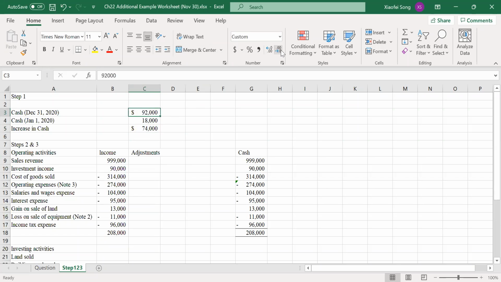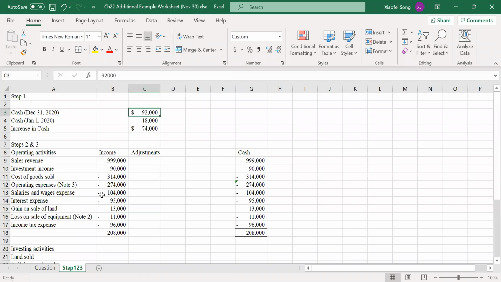That's where we need to end, right? So that's our step 1. Step 1 is the net change in cash of 74,000. That's what happened during the year. And step 2 is just to list all these things from the income statement here. So that's what I have.